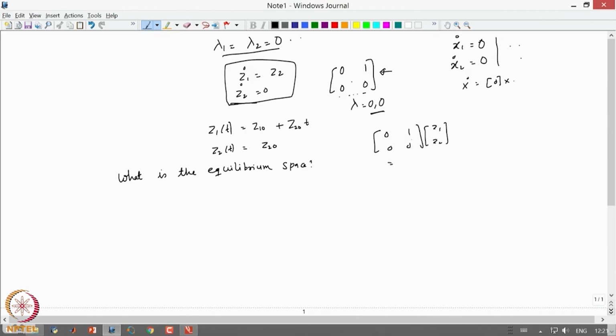This will give me that Z2 equal to 0, and therefore, the entire Z1 axis is the equilibrium subspace.